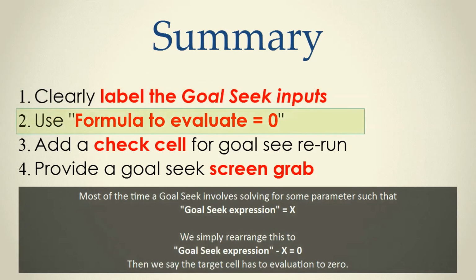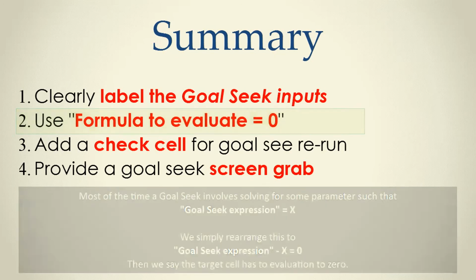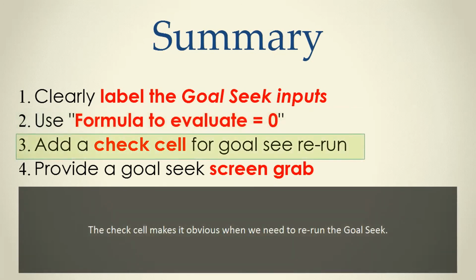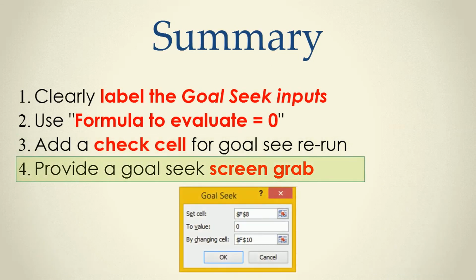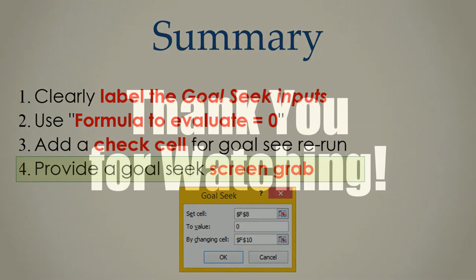Second point is your formula to evaluate should always be arranged such that it is equal to 0. Third point, always add a check cell so that it's completely obvious when you need to rerun the goal seek. And finally, it's very helpful to a user if you include a screen grab of the goal seek pop-up box with all of the input parameters actually set up to the relevant cells in your workbook.